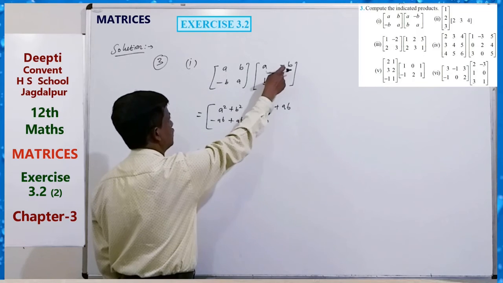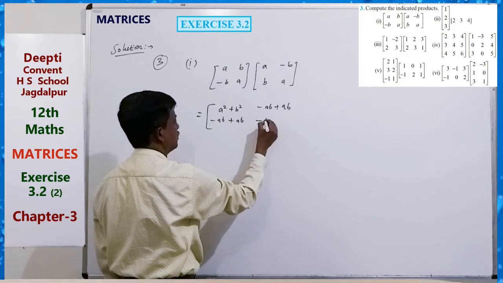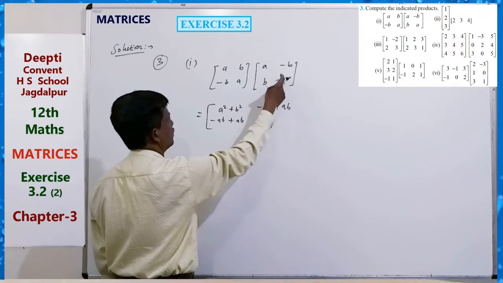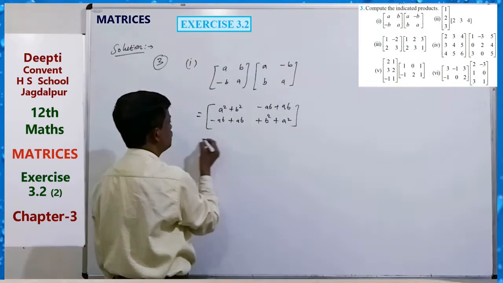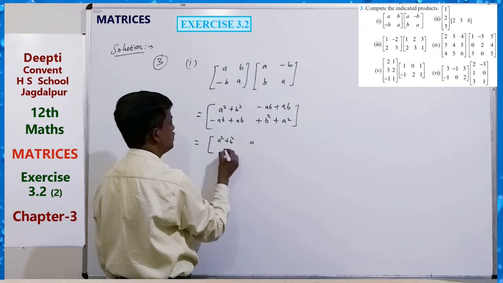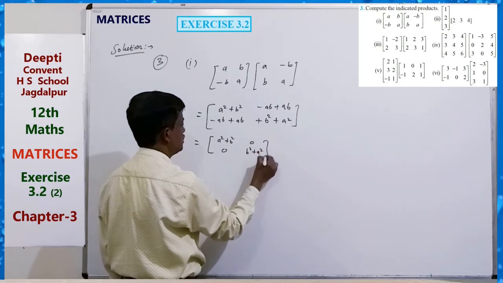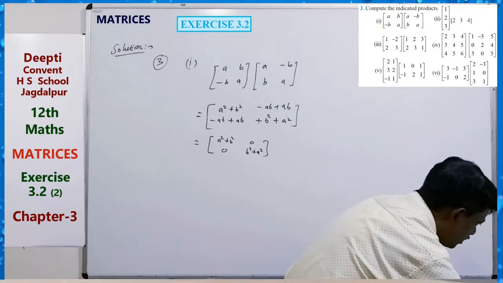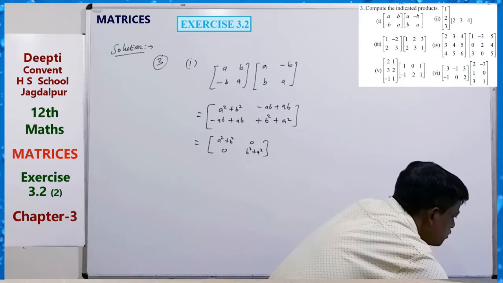Minus into minus gives plus B square, and A into A gives A square. We get A square plus B square, 0, 0, B square plus A square. This is the multiplication. Similarly we can multiply the others, because this is a square matrix, so multiplication is simple.